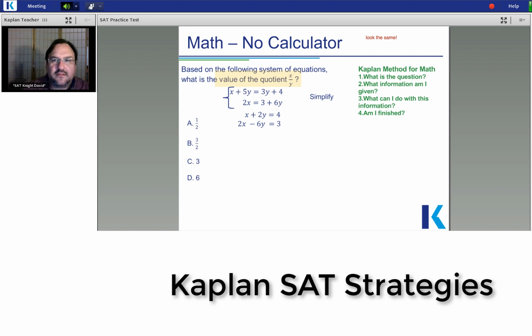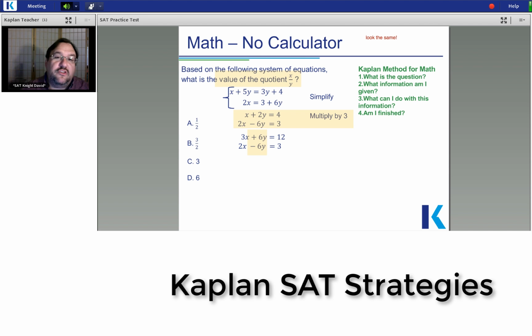On test day, the test makers are going to ask you a lot of times to do elimination. So get in the habit of doing elimination and combination, where you multiply one equation by a number to make a letter drop out. In this case, we multiplied by 3. Then our y's are lined up so that they just go away.